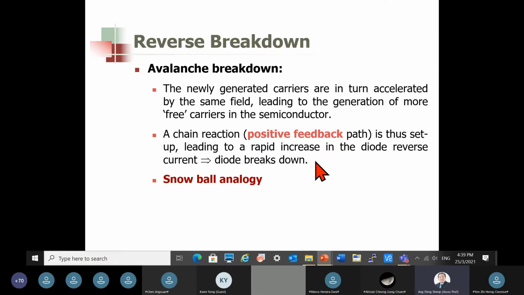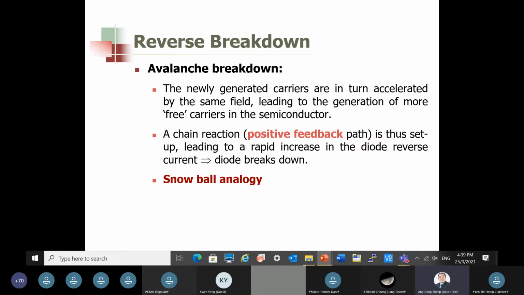In comparison, the Zener breakdown process is not destructive because the current, although it can also be relatively large, is limited by the tunneling barrier. There is no chain reaction process taking place during Zener breakdown, and therefore the current does not increase uncontrollably.